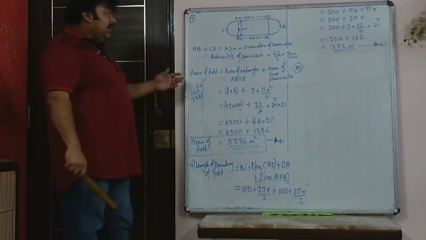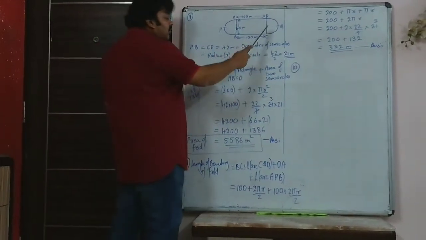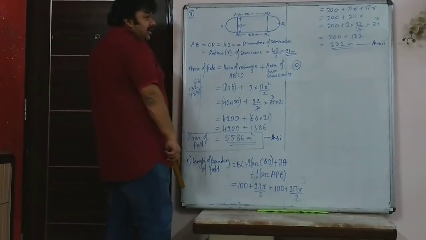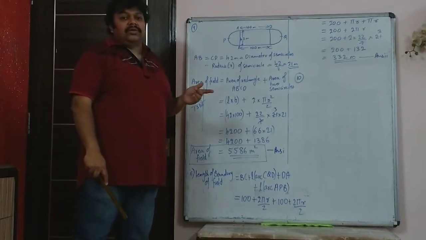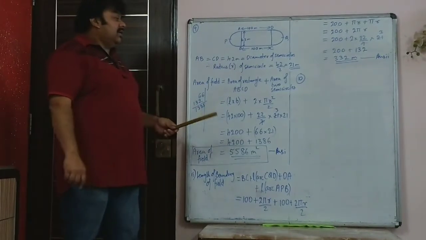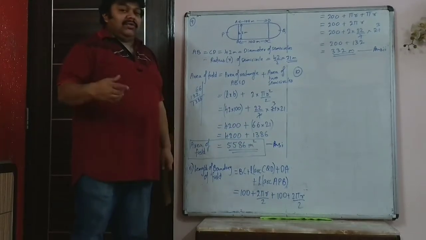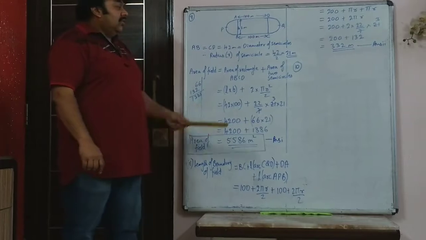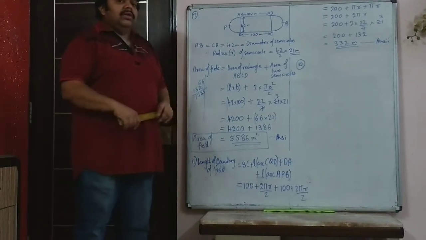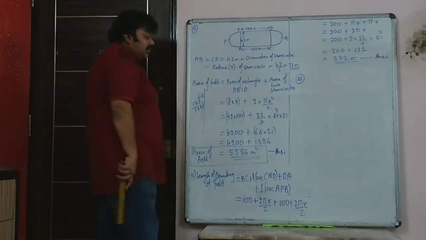So we can easily find the area of this field by finding the area of two semicircles and adding it. But when you write the sum, don't directly write area of one circle. First you have to write area of two semicircles, and then the final formula will become pi r squared only because it is two semicircles. But don't write here area of circle. Write there two semicircles plus the area of the rectangular plot.